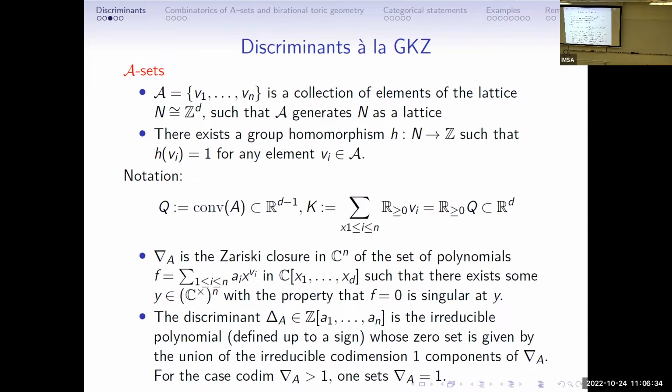We already have a very complex problem where the codimension of this nabla A is greater than 1. The convention is that you set, I think that should have been delta here, you set delta to 1.